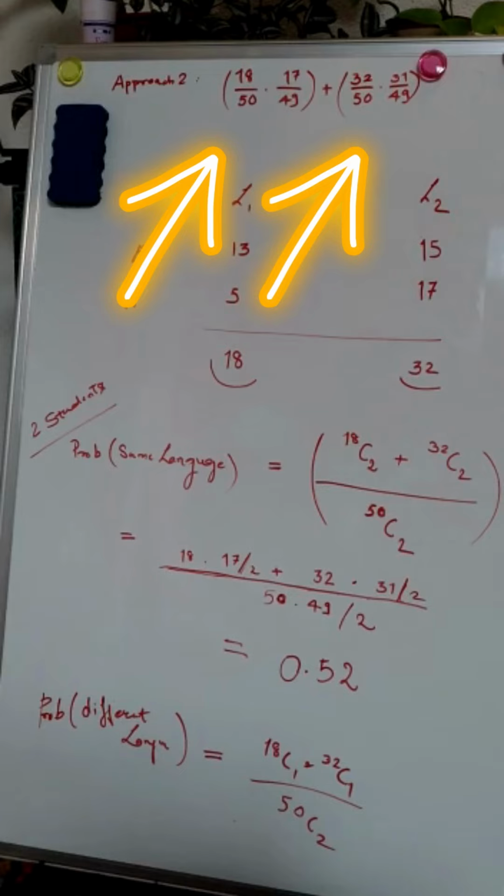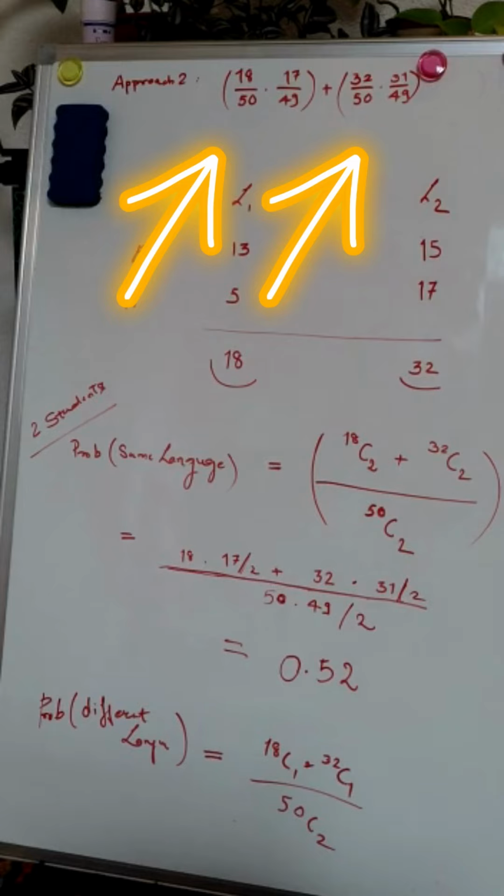So the probability would be 18 by 50, since you have 50 students in total to pick from and you pick any of the 18 students from language 1. And then once one student is picked, there are only 17 students left of language 1, so 17 upon 49. So 18 by 50 into 17 by 49 would be the probability that you pick both from language 1.